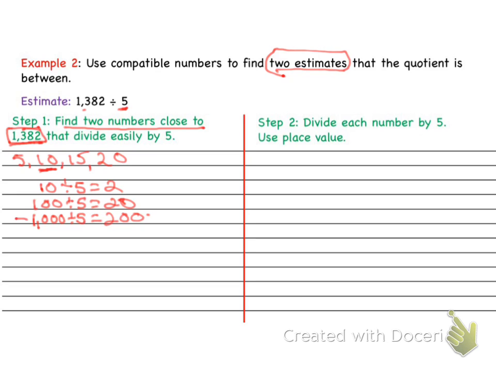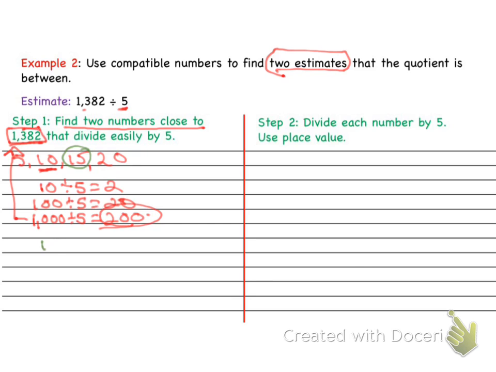Now, I like the number 1,000. It's relatively close to 1,382. So I'm going to use that as one of my two numbers. Now I've got to find the next number. I already used the 10, so now let's use the 15.